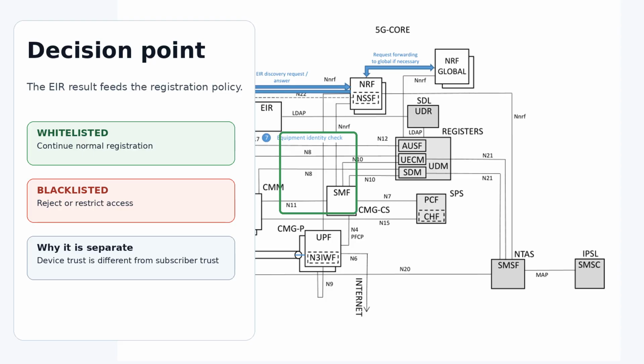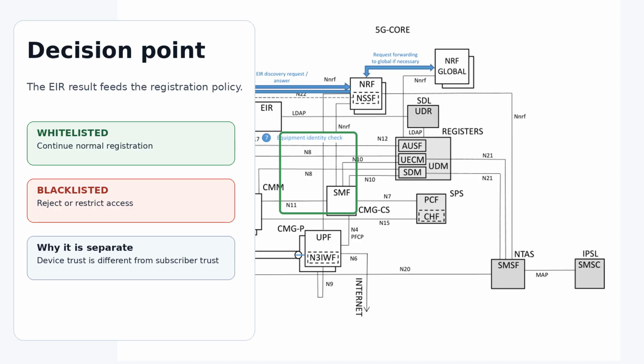If the EIR returns whitelisted, the AMF can continue the normal registration flow. If the EIR returns a blacklist result, the network can stop the process, reject the attempt, or apply a stricter policy depending on operator configuration. The page does not show every branch in that policy tree, but the point is clear. The EIR is a screening function.